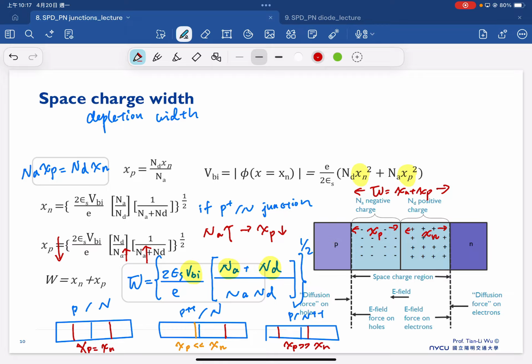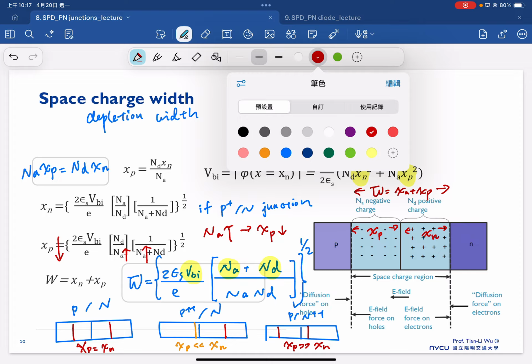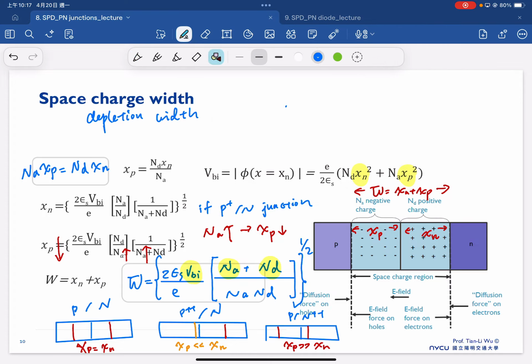So if you look at the MOSFET structure, in most cases we have a P substrate here, for sure. And we also have the source and drain region here.